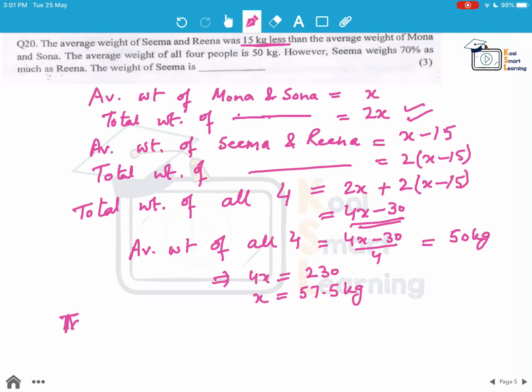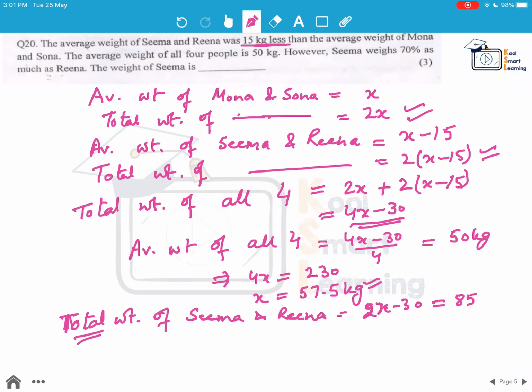Now let's see the total weight of Seema and Reena, because we are interested in finding out the weight of Seema. So this is x minus 15, so 2 into x minus 15, we are finding the total weight. So this comes out to be 2x minus 30, and we put the value of x as 57.5, so this comes out to be 85 kg.